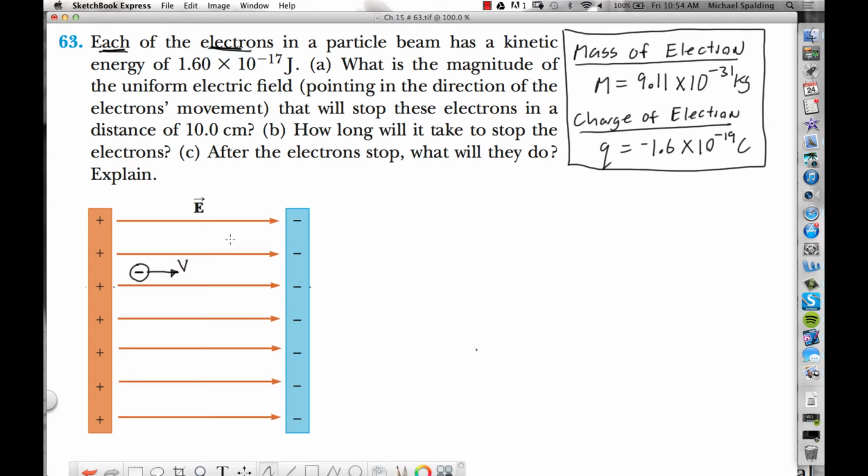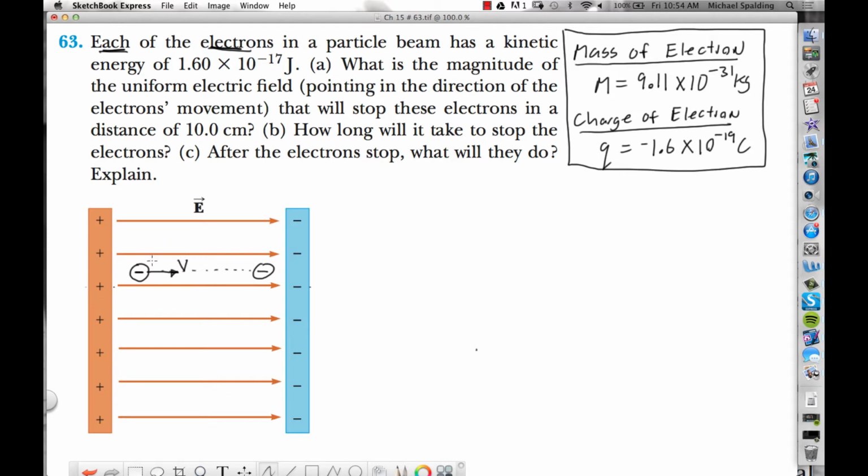Does the electron want to be moving that way? No. So it's very similar to throwing a ball up in the air. If you throw a ball up in the air, what happens to the ball? It goes slower, slower, slower, stop, and then comes back. And that's exactly what's going to happen here. This electron is going to go slower, slower, slower. It's going to stop, and then it's going to shoot back again, right?